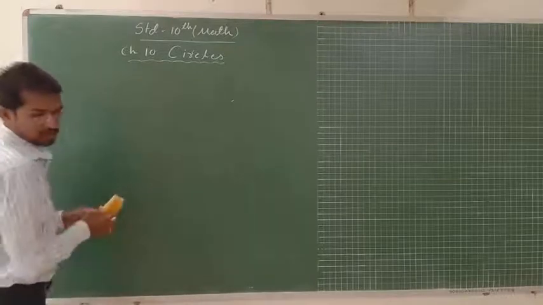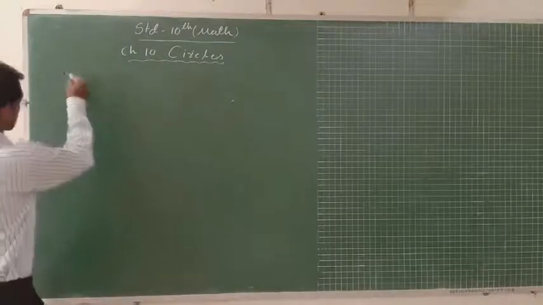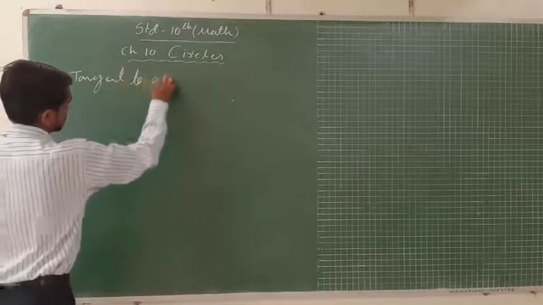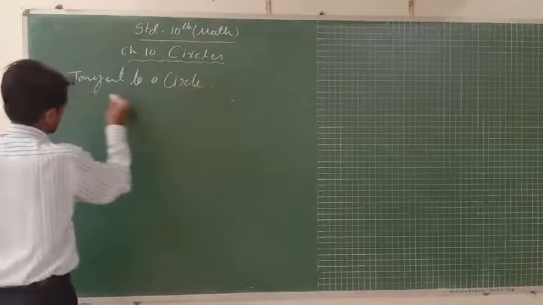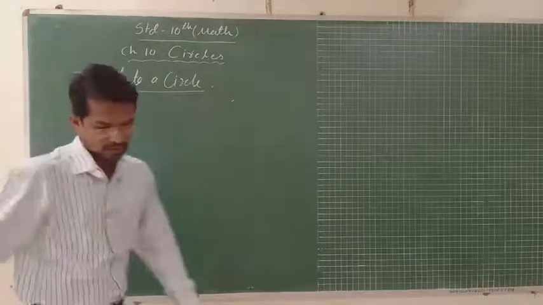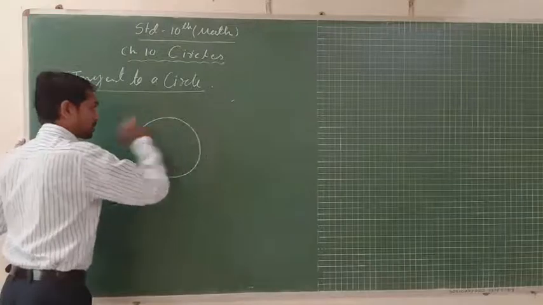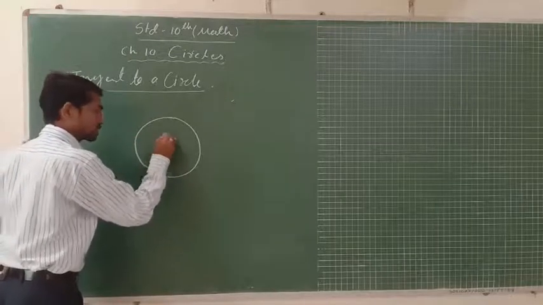Next part: tangent to a circle. Let me explain. O is the center of the circle.